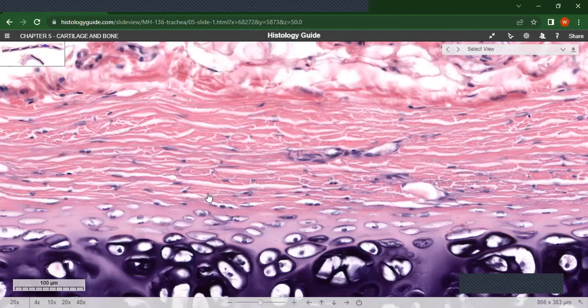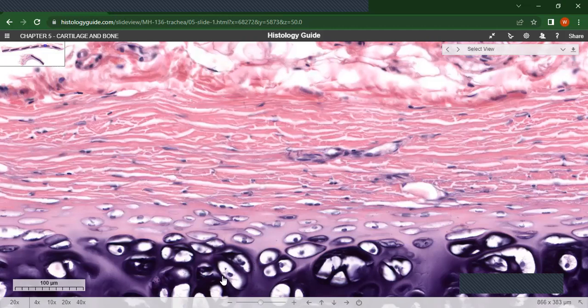You can see here we have some flat cells. These are the chondroblasts. These chondroblasts are the ones which usually migrate into the cartilage to form chondrocytes.